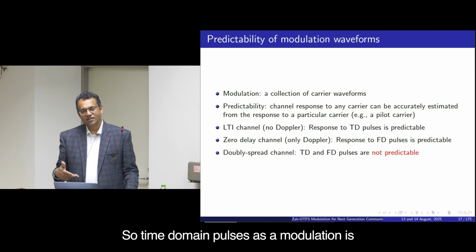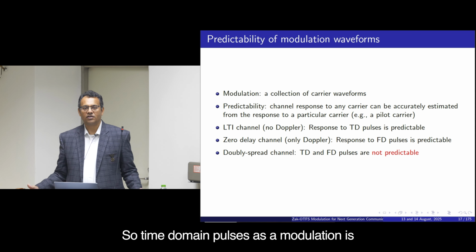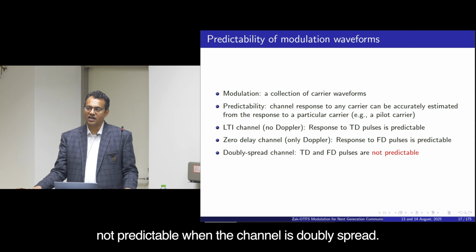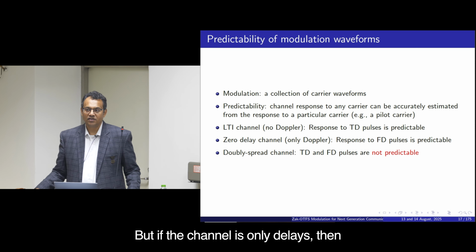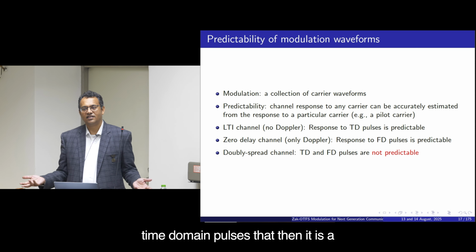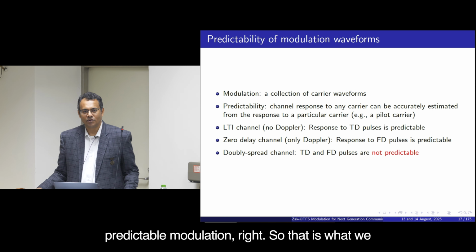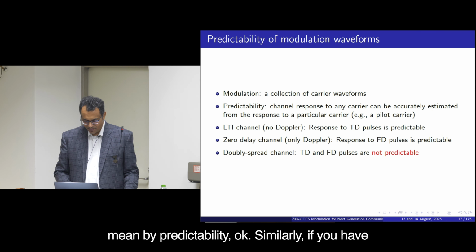So, time domain pulses as a modulation is not predictable when the channel is doubly spread, but if the channel is only delays, then it is a predictable modulation. That is what we mean by predictability.